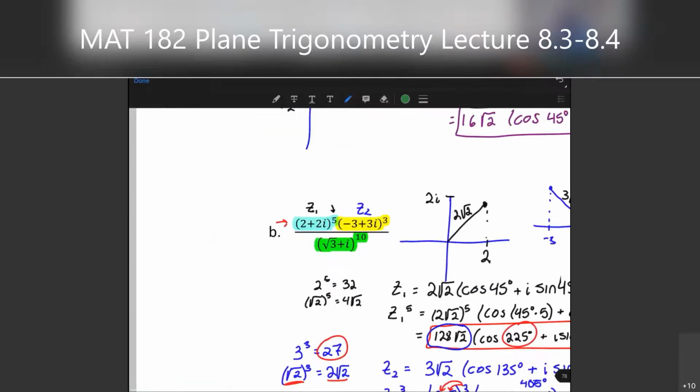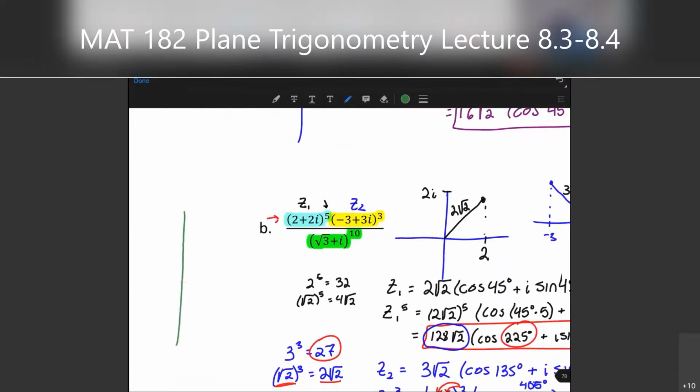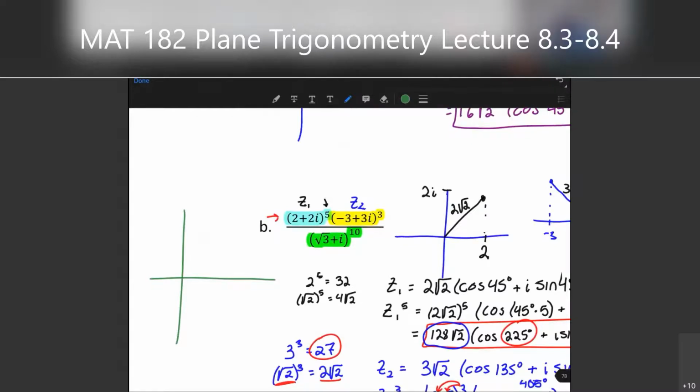So this last component, we have square root 3 and i. Really this is 1 and square root 3 for this triangle.